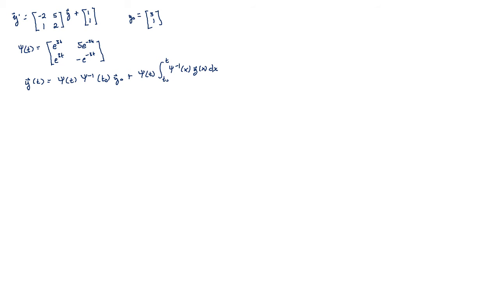So we can see that the next thing we need to do is figure out what psi inverse looks like. So that's going to be stage 2. Find psi inverse.